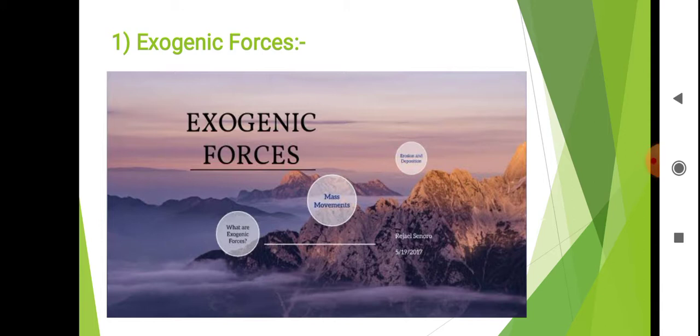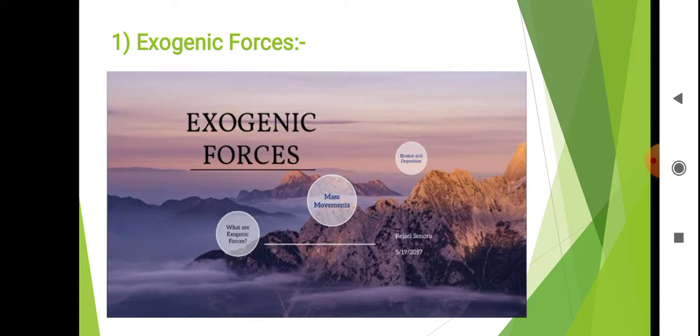Exogenic force or process, also called the external process of denudation or destructional force, always originates from the atmosphere. These forces are continuously engaged in changing the face of the earth.